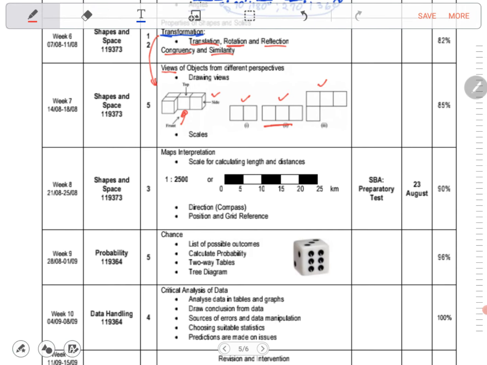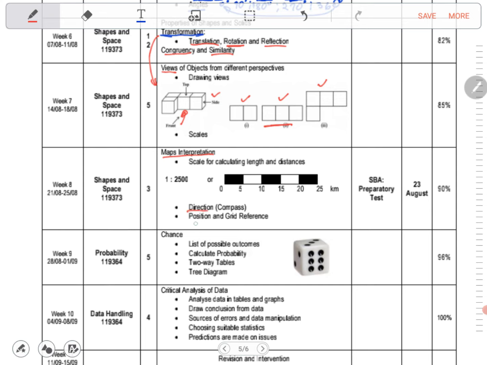Now let's move on to map interpretation. All right, our curriculum states that we have to deal with maps in terms of scales, but there could be other things that can be added in terms of maps.